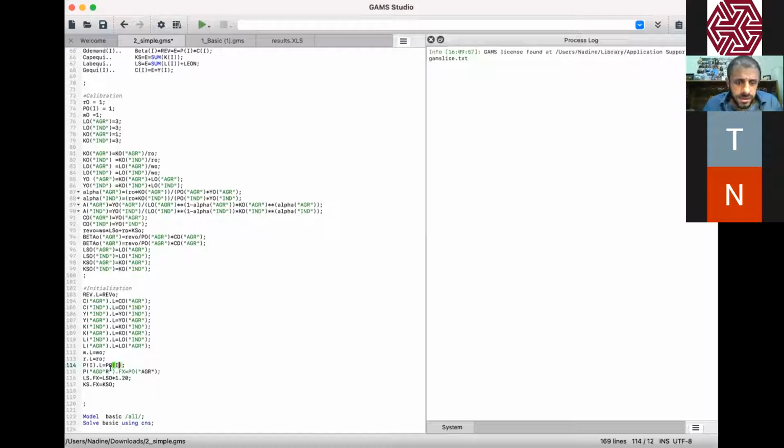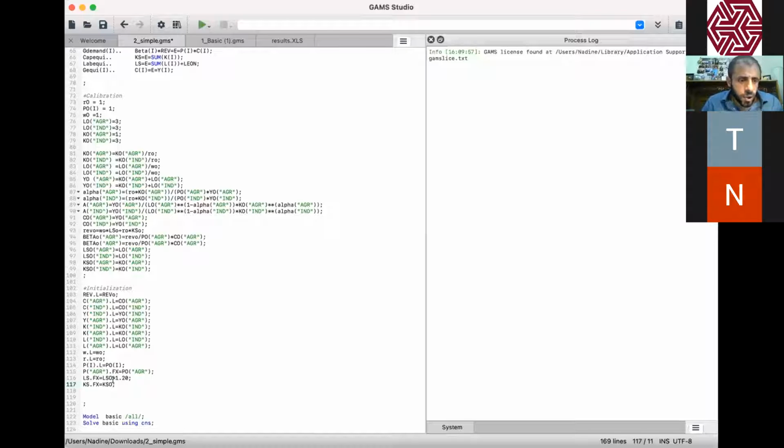So GUMS will understand that prices here are endogenous, okay? But just a second, don't erase anything. I did something wrong, so I was just writing it again.